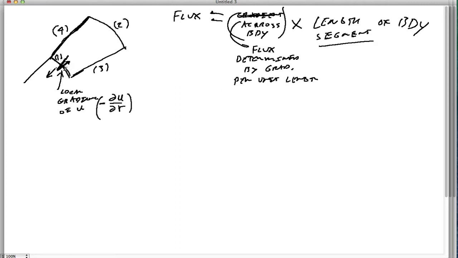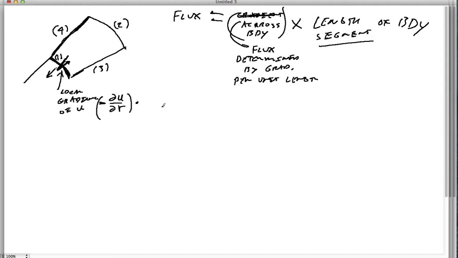So again, if our value of u is going up inside and it's going down as we go outside, then the flux will be going out, and that would cause a negative flux, so I have to put a negative sign there. And we'll assume again that this is smoothly changing, so as long as our patch here is small enough, we'll take one representative gradient value and use it over the entire extent of this little angle sweep.